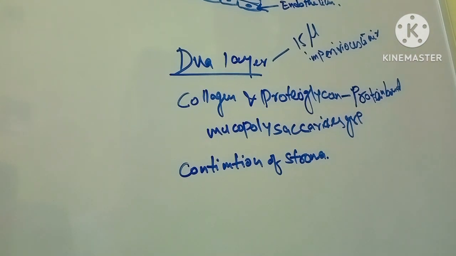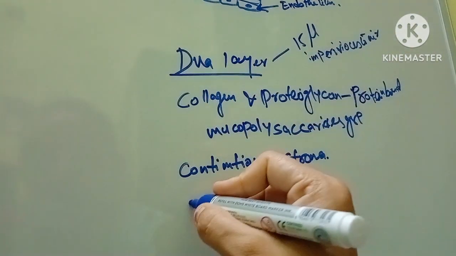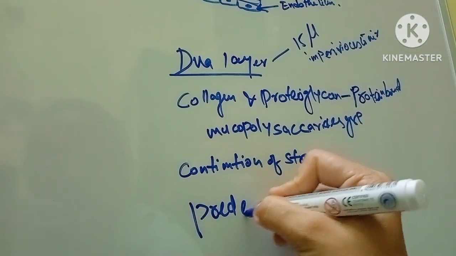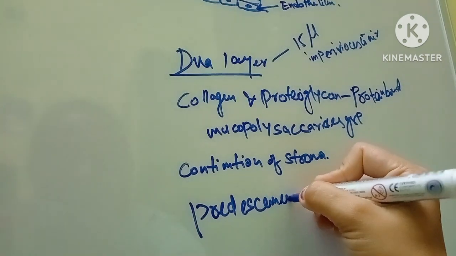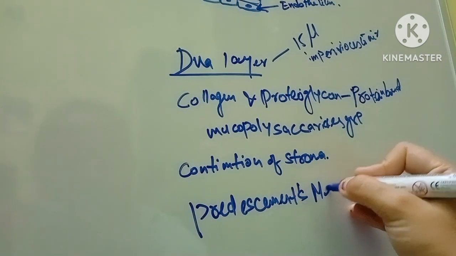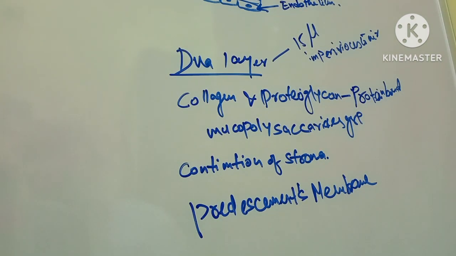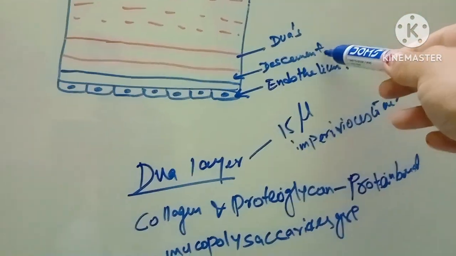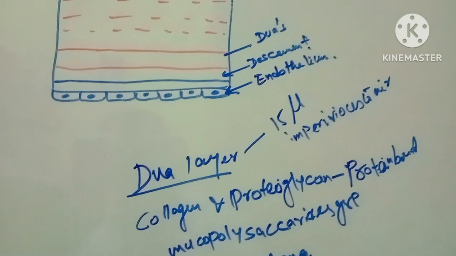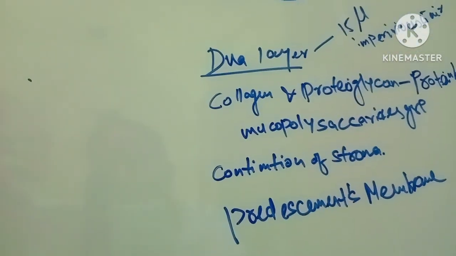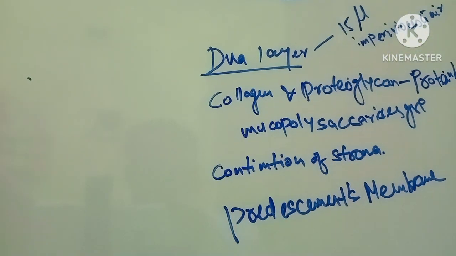This layer is also known as the Predescemet membrane. Predescemet means before Descemet, so Dua's layer is also known as the Predescemet membrane.